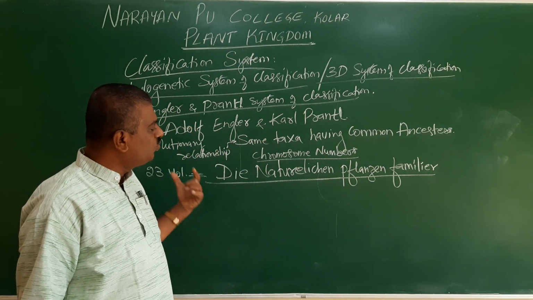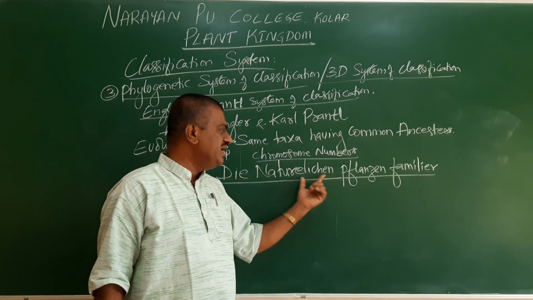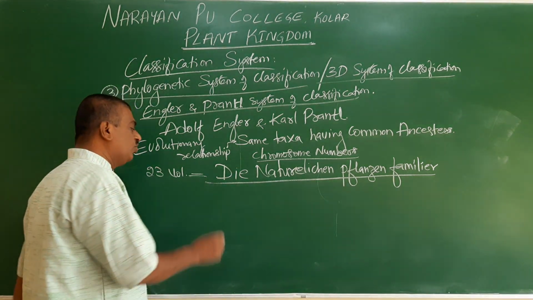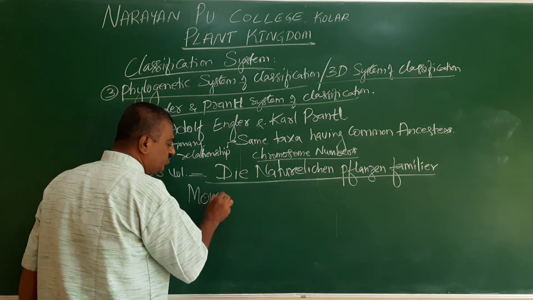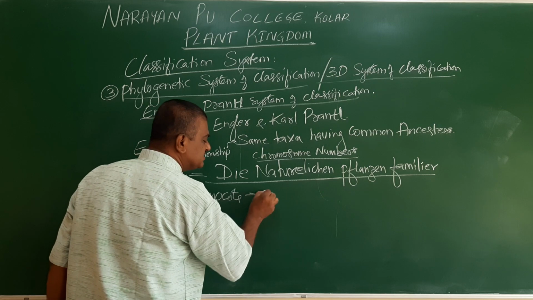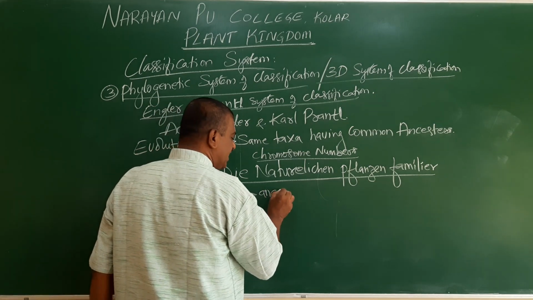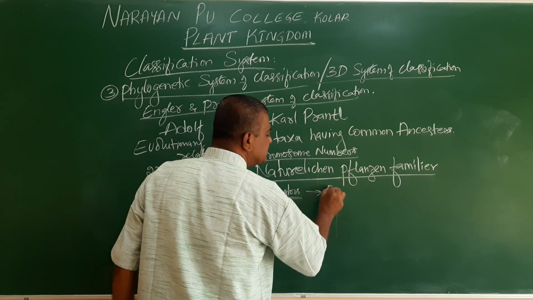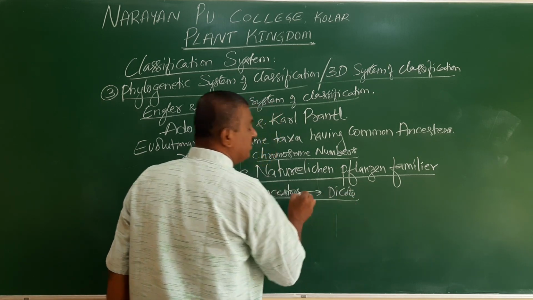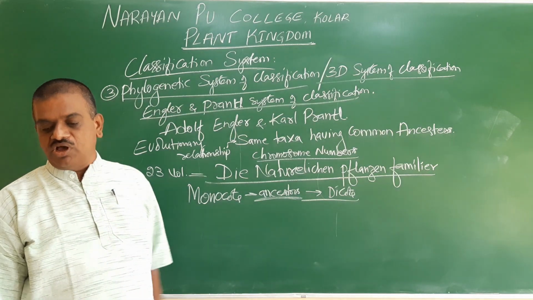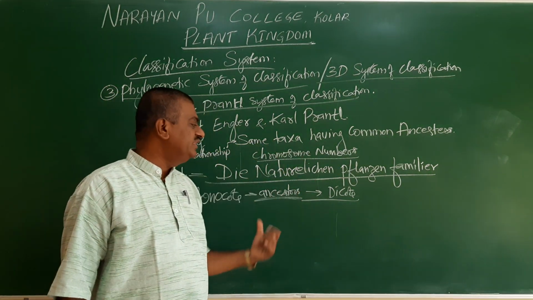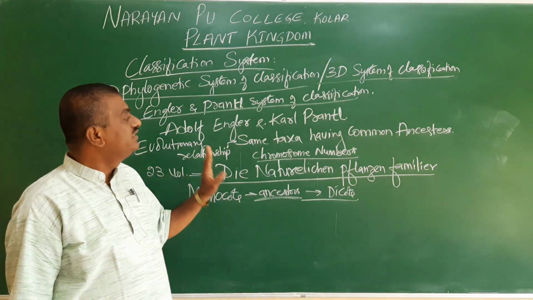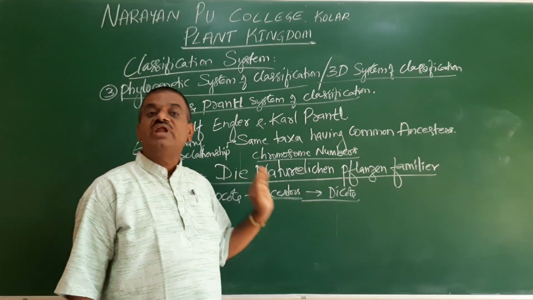In this book, they mentioned that monocots are the ancestors, or ancestral origin, which has given rise to dicots. Based on this it was classified, and this is the right system of classification.